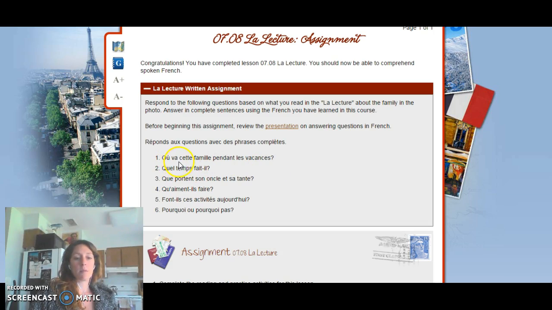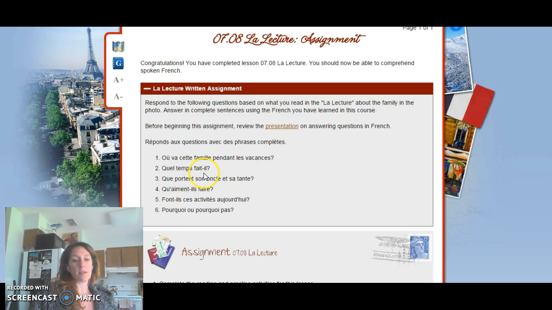I'm going to pretty much use almost every single word in this question to form my answer. So once again, this question says, where goes this family during the vacation? This family goes blank during the vacation. Right? So I use the exact same words to make the answer.